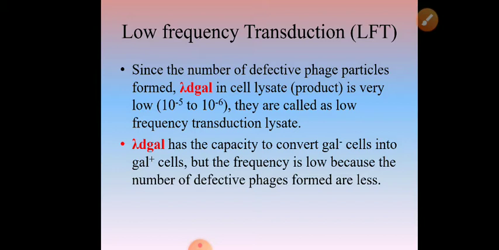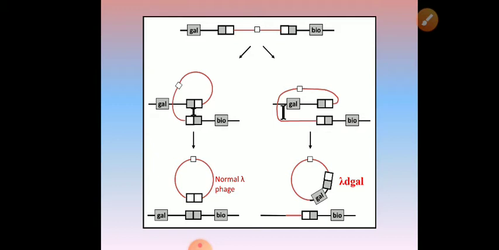But if we want that transduction to take place, we can increase the frequency of transduction. Those lysates in which there is a high number of defective phages are called high frequency transduction lysate. How can we do that? By exposure of the integrated lambda phage to UV light.